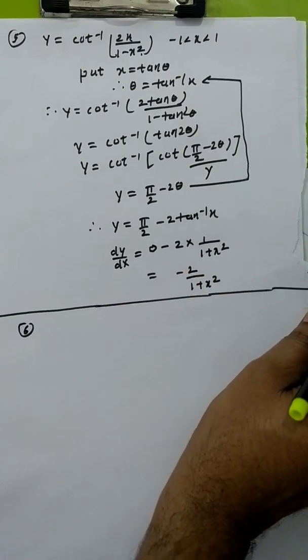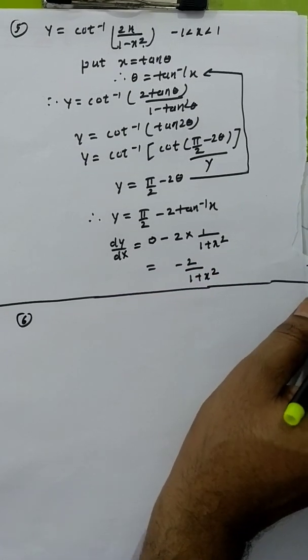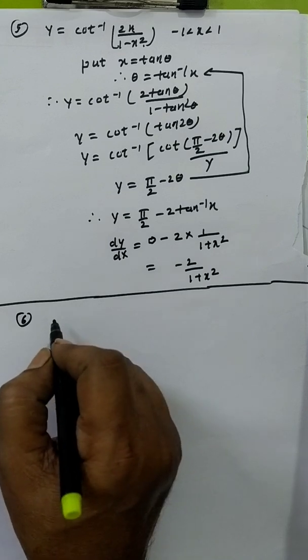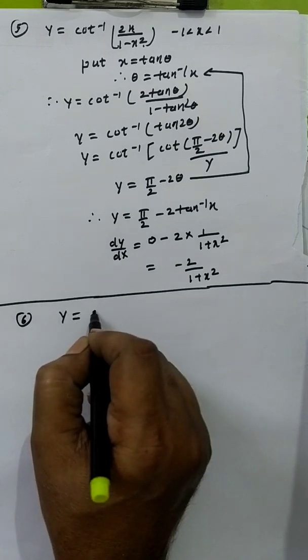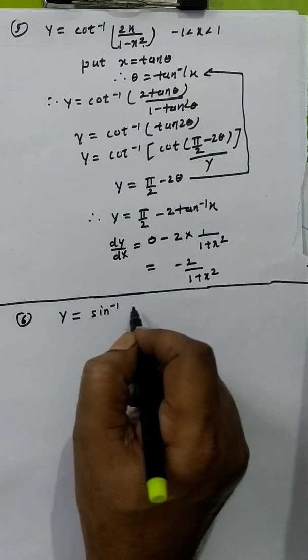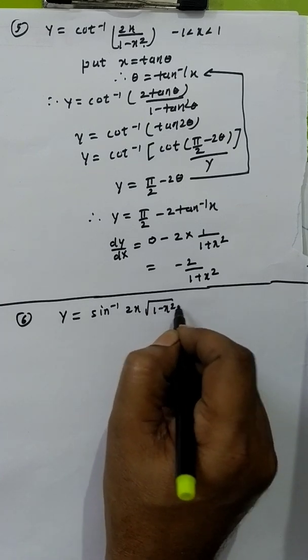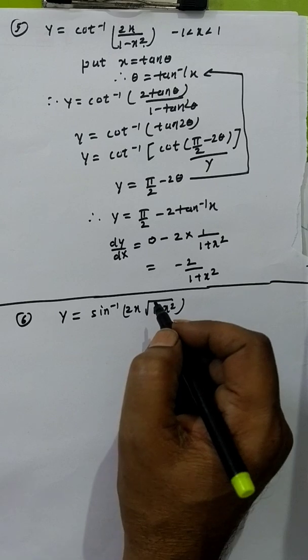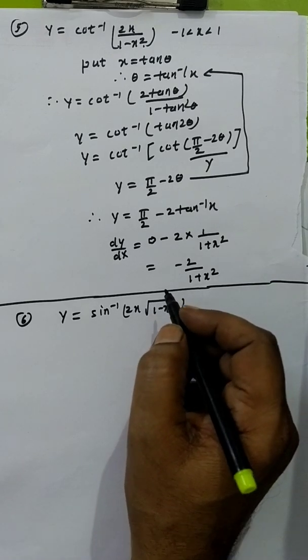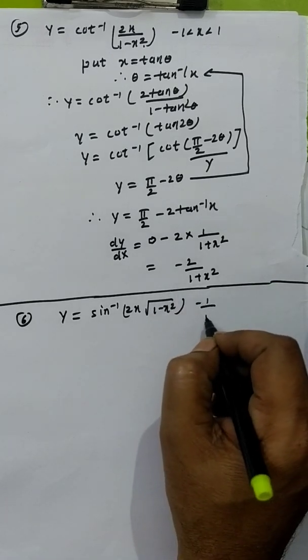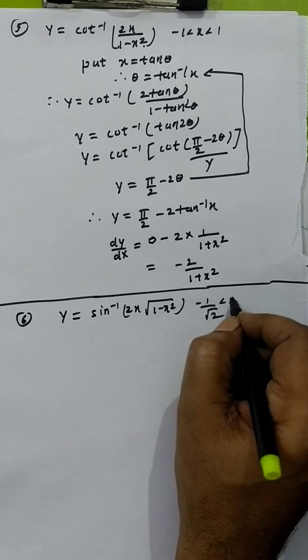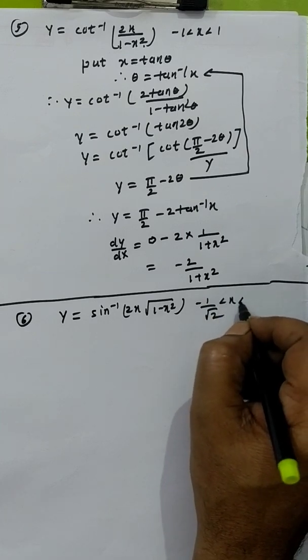y equals sine inverse of 2x into root of 1 minus x square, where minus 1 by root 2 is less than x, less than 1 by root 2.